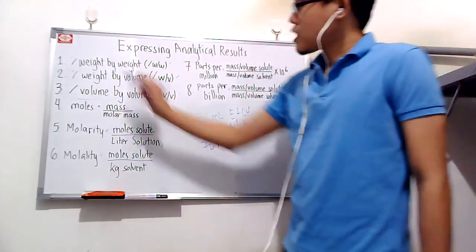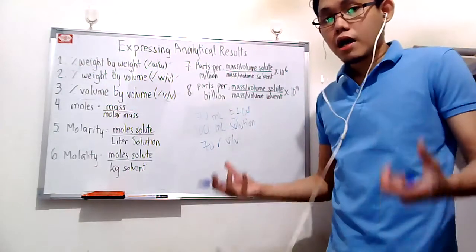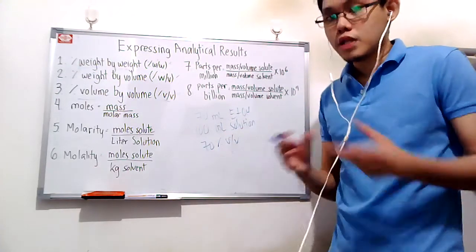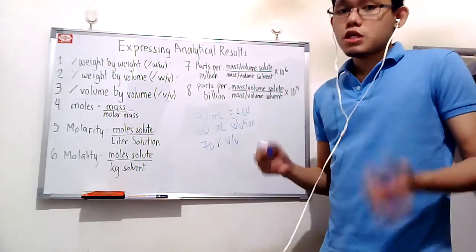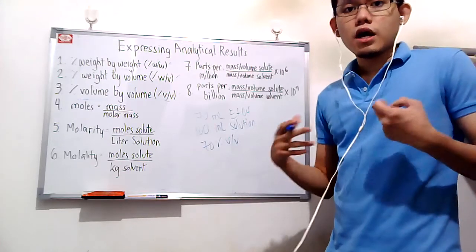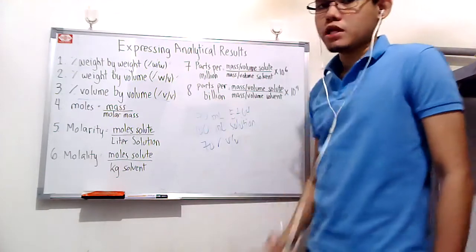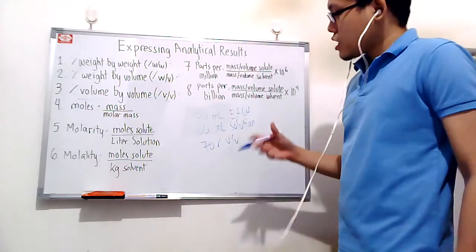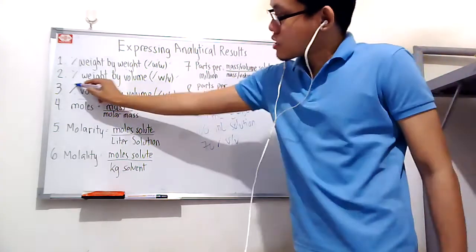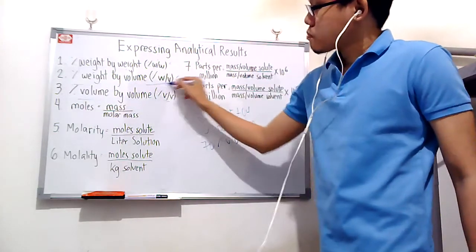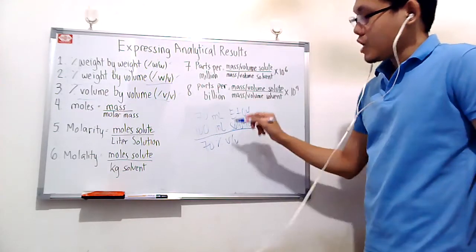Now, an example of weight by weight. For example, you have a mineral rock, and you want to analyze the percent of dolomite in that specific mineral. You can express it as percent weight by weight. These percent expressions are expressed as per 100.